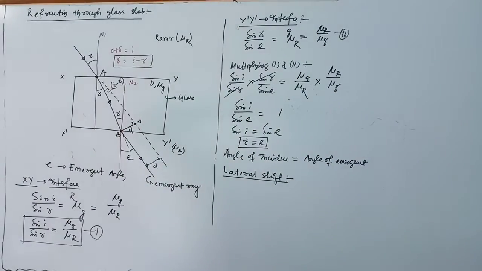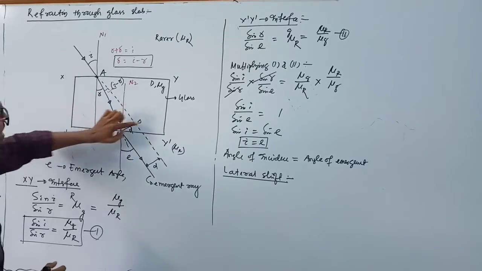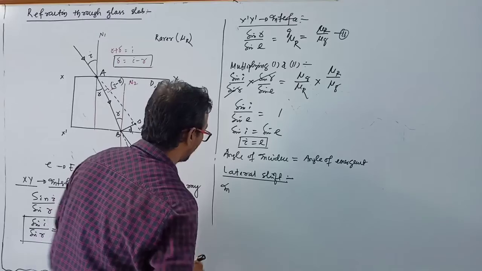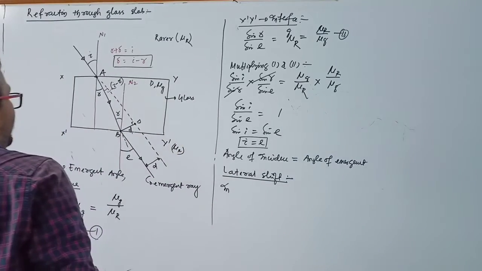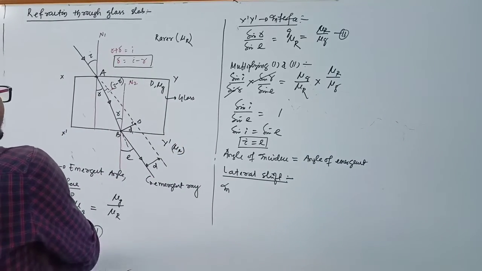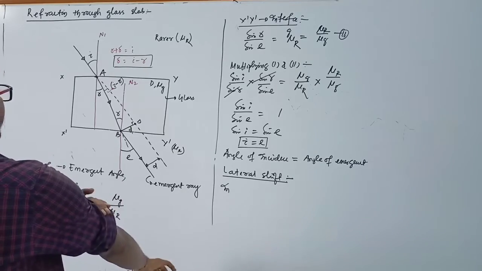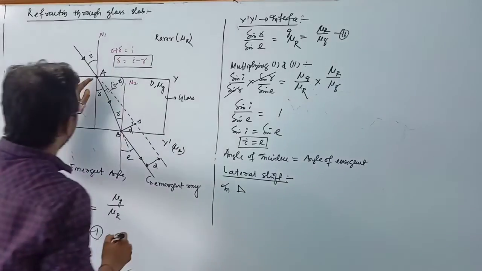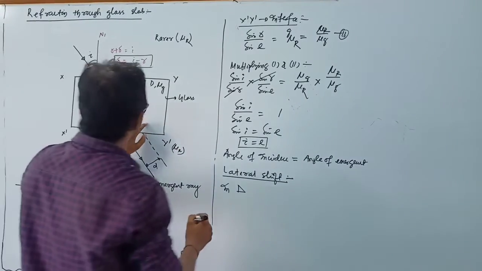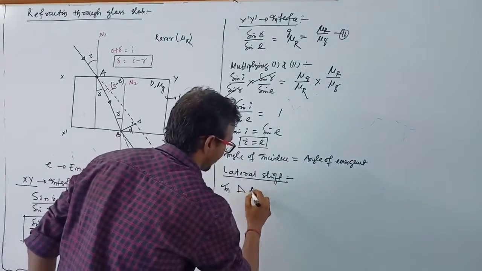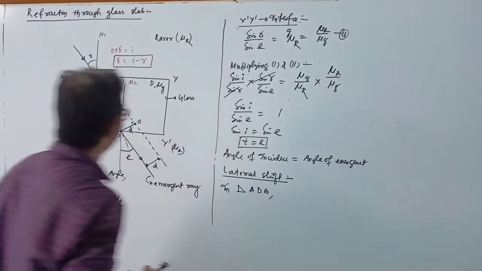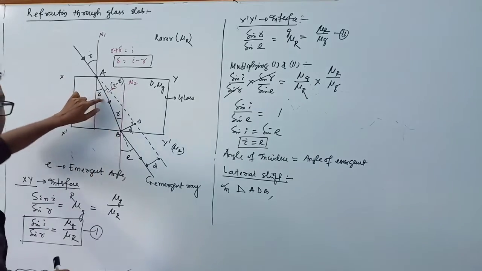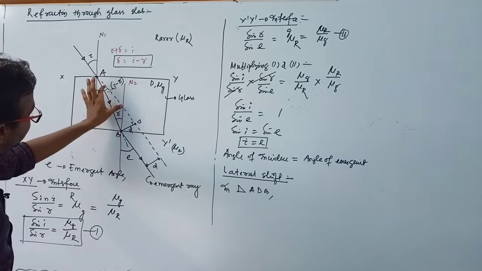We have to find this distance d. Look at the triangle. This is right angle triangle ABD. In right angle triangle ABD, this is perpendicular because this angle is i minus r, and this is base.